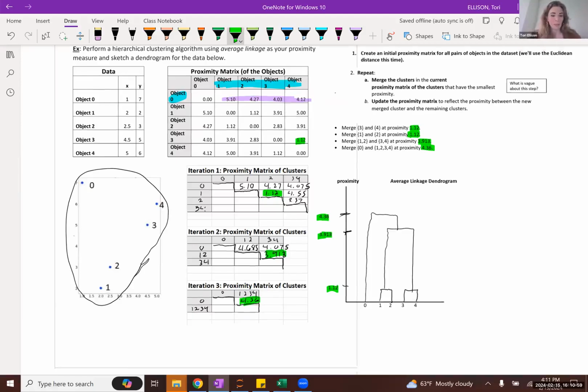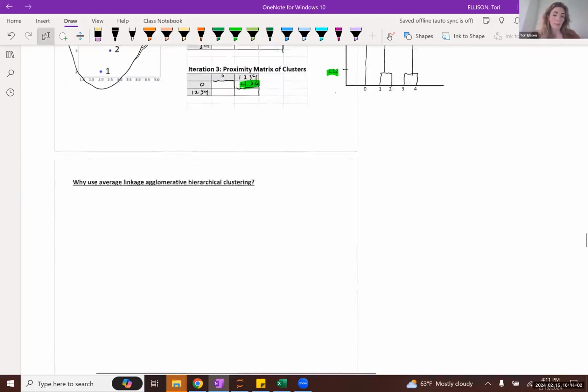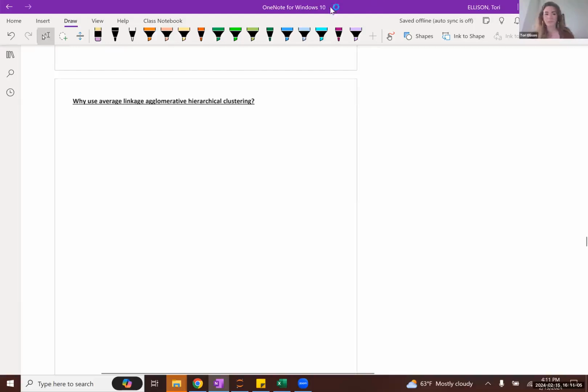Okay. So let's think about some of the benefits of using average linkage. Like we mentioned, average linkage can be beneficial if, for instance, your data set has some of the inherent unideal properties for single linkage, and it might also have some of the inherent unideal properties for complete linkage. So average linkage might be a solution for you because it strikes a middle ground set of results between the pros and cons of single linkage and complete linkage.